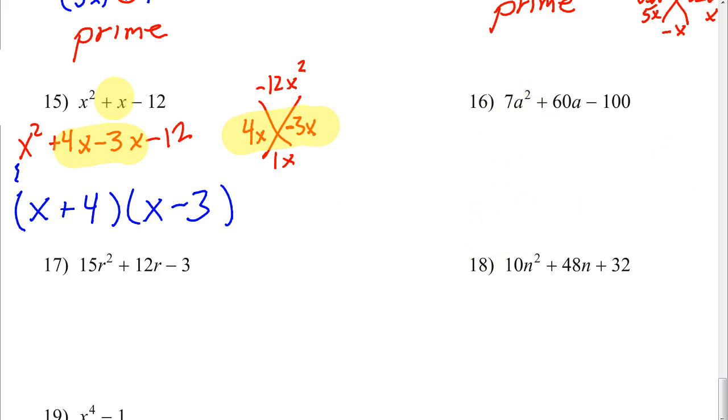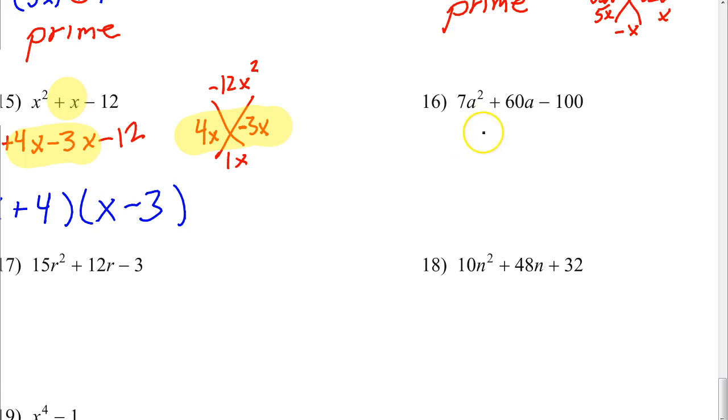All right, we've got 16. Any GCF for 7, 60, and 100? Probably not. Okay, so we have to figure out what multiplies to negative 700a squared and adds to 60. First thing you probably want to come up with is, what multiplies to 700?